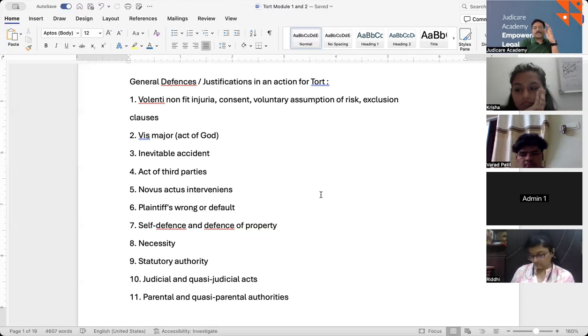Say A is the plaintiff's house, B is the defendant's, and C's house is the third person's. Because of C's house, a fire started on this tree, which was inclined towards the defendant's house, and he saw the fire on the tree.